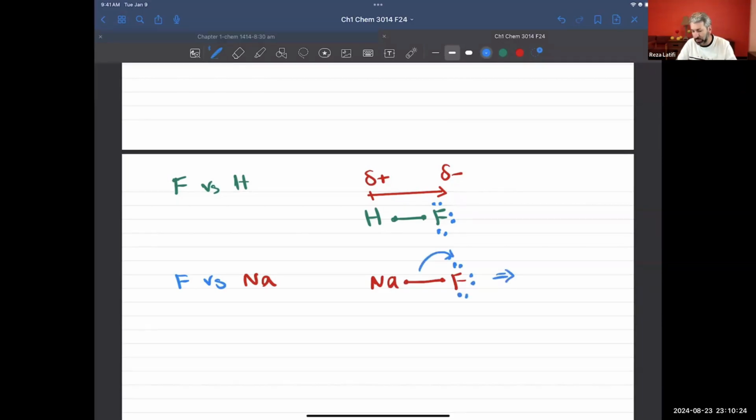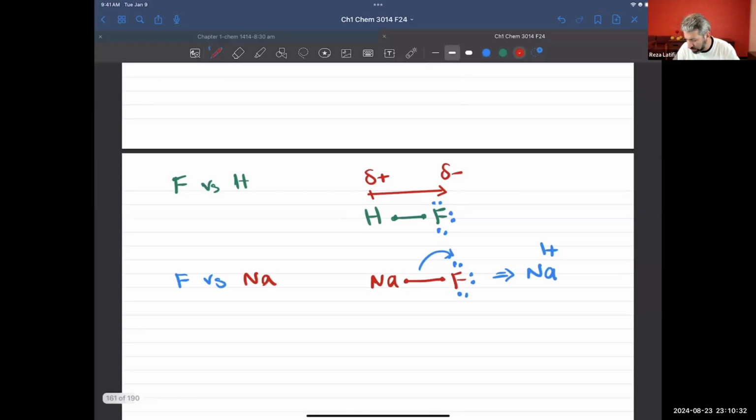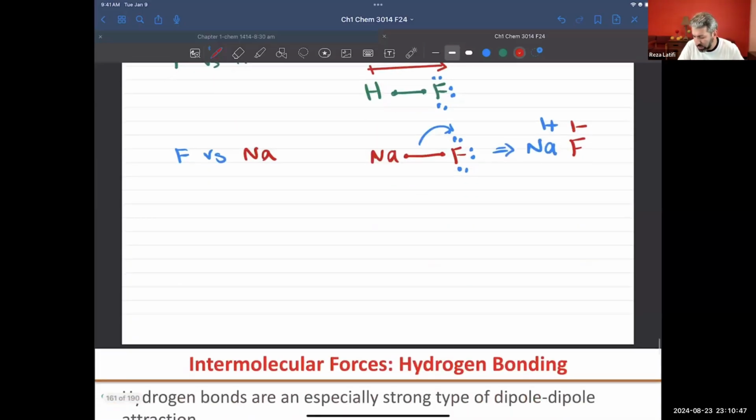I'm not going to have sharing anymore. I will have sodium with a +1 charge, so it's not delta, it's a whole positive charge, and fluorine with a -1 charge. Do I see any chemical bond between them? No. So why do I have those two species close to each other? That's the electrostatic force. We don't have a molecule anymore. So this one is an ionic compound.